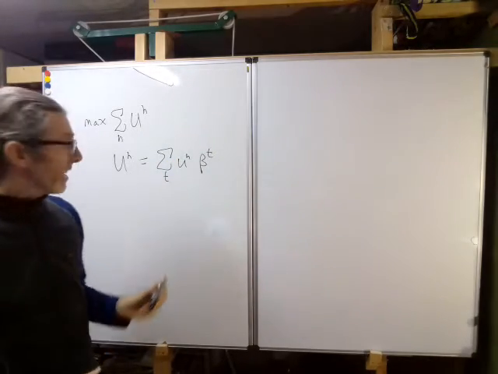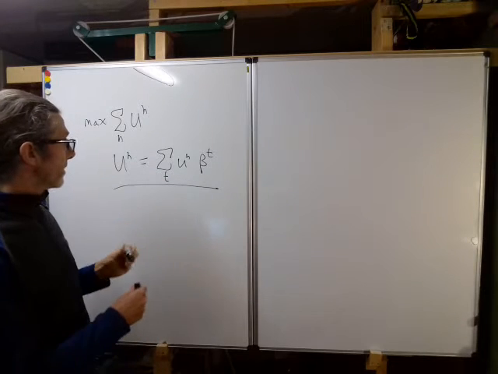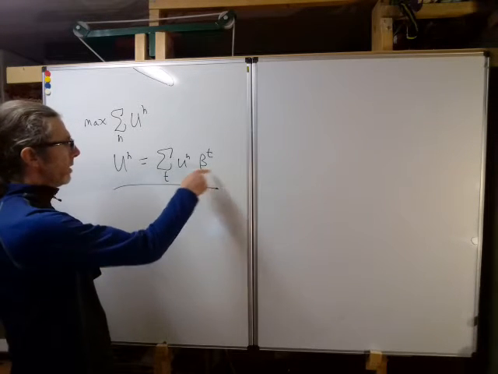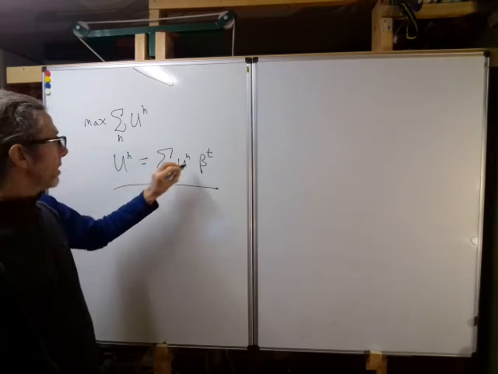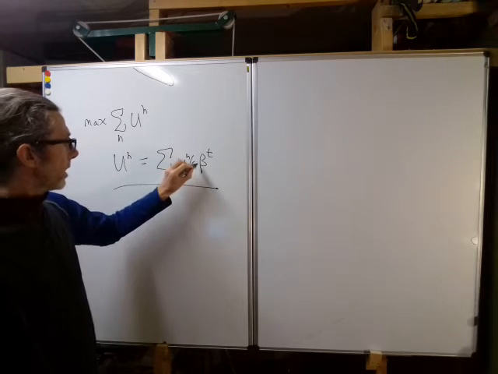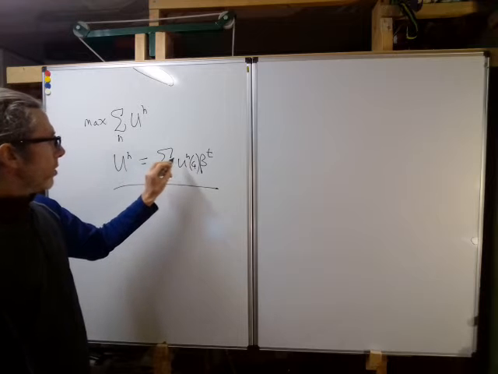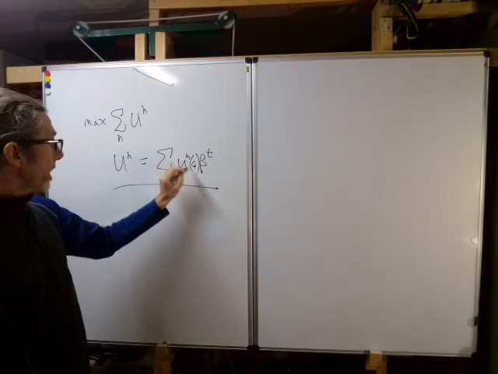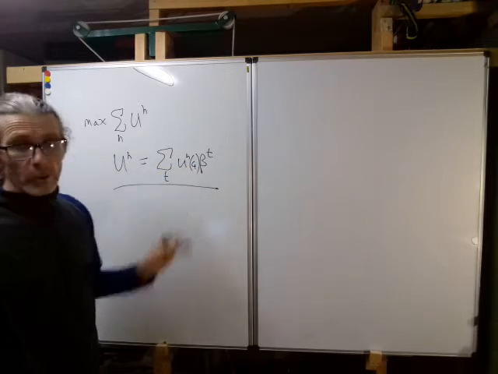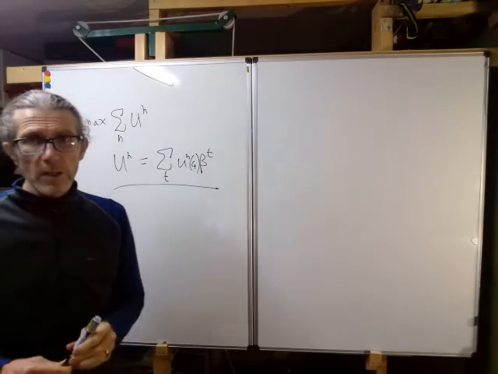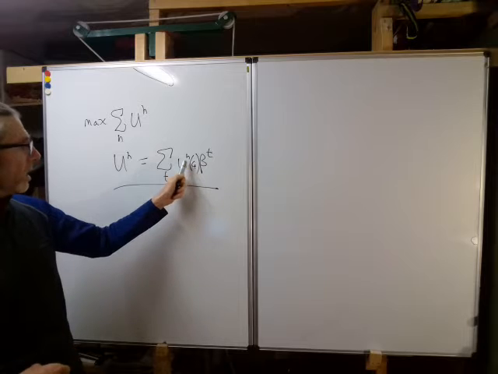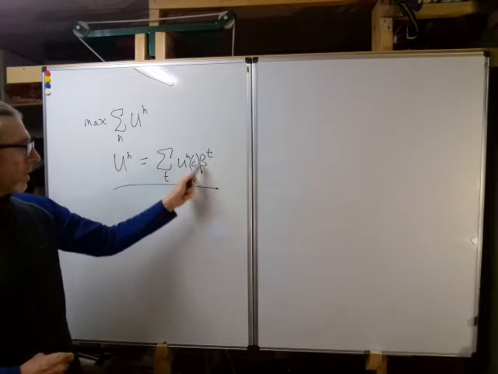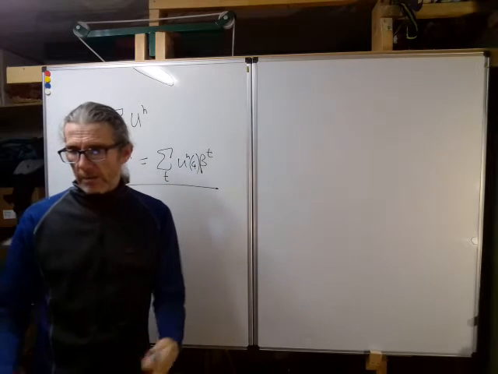We often have discounting in economics, right? Almost always. So beta will be less than 1. This is telling us that utility earned further into the future is worth less, and typically this little u^H is a function of C of t, where C is consumption. So we get utility from consumption, but utility today is worth more than utility in the future because of this discounting.